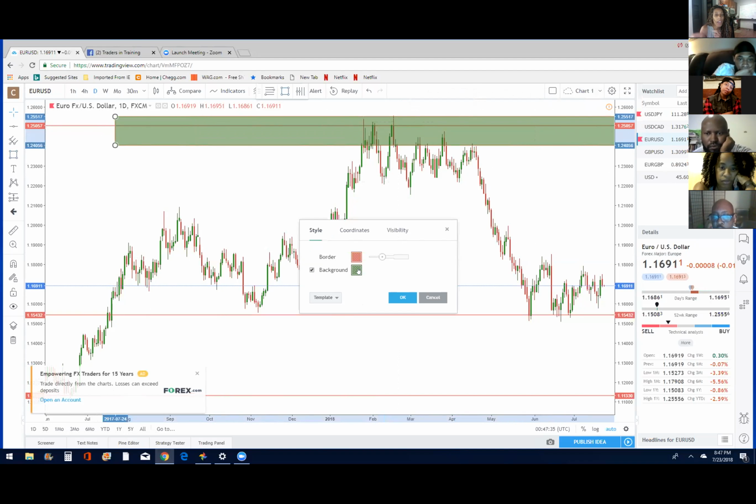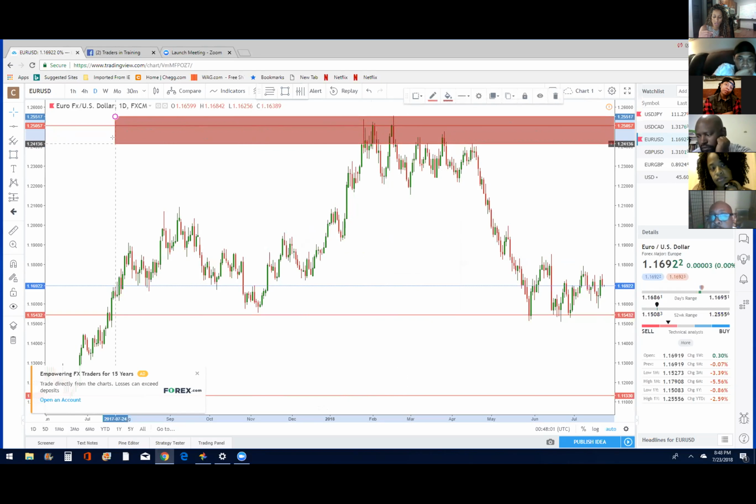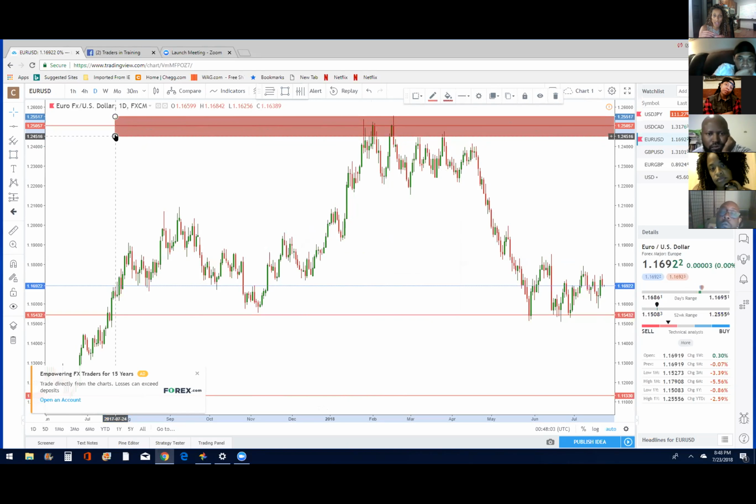How do we know how high or how low to make the zone? From wick to wick? No, from the body of the previous candle of the engulfing candle. So we'll go here. Here. So that's the bottom. Where's the top? Here. What's the definition of the zone?